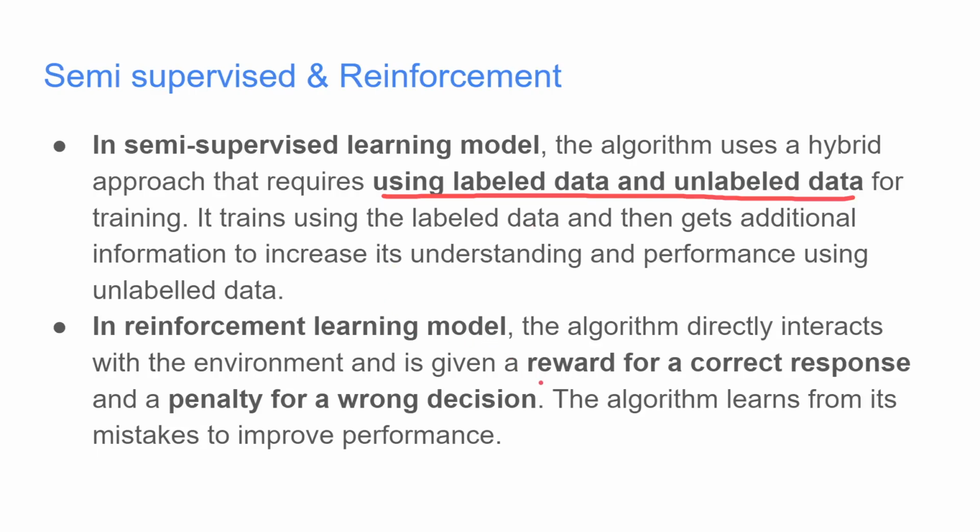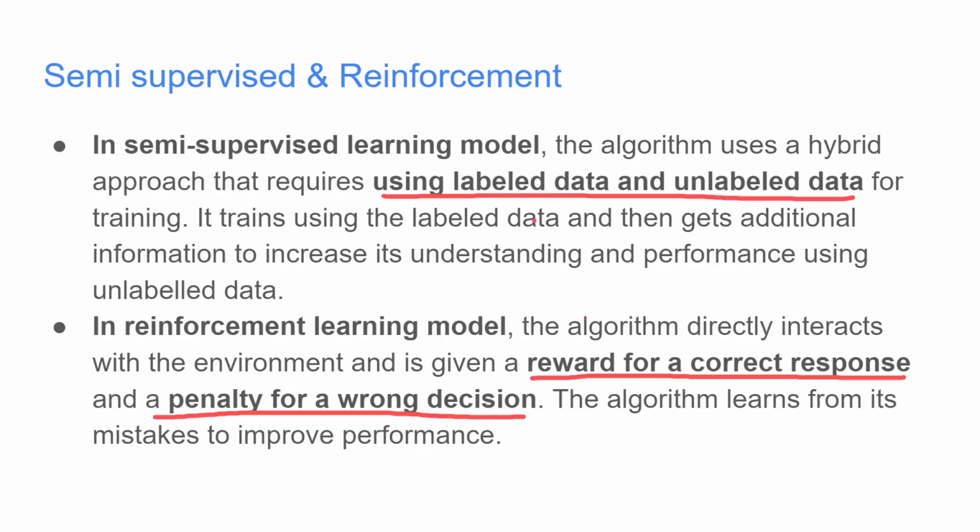It will give a reward for correct responses and it will give a penalty for wrong decisions. So the algorithm learns from its mistakes to improve performance. So it's like both reward and penalty as per the decisions. So this is called a reinforcement machine learning algorithm.